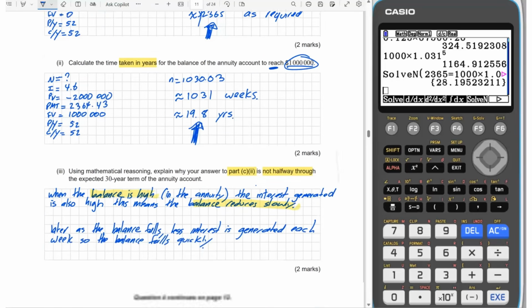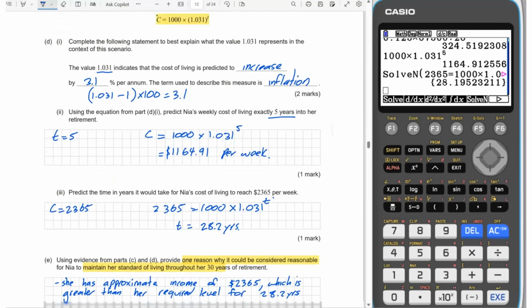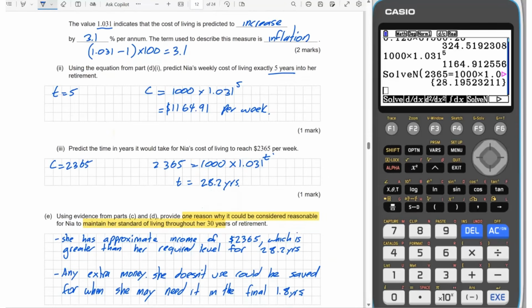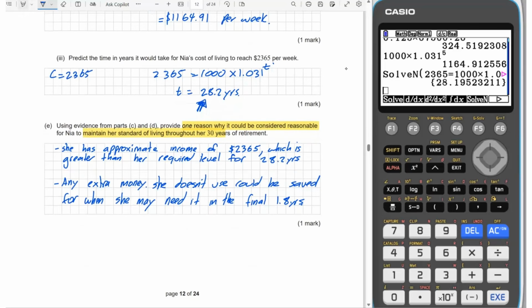And then what we found afterwards is that she doesn't actually need that much money to maintain her standard of living until 28.2 years into her retirement. So she's withdrawing all the money, but she doesn't really need it. So what we then say is that she has an approximate income of $2,365, which is greater than her required level for the first 28.2 years. And any extra money she doesn't use before that could be used to save for when she's going to need it, say in that last 1.8 years. And that's it.